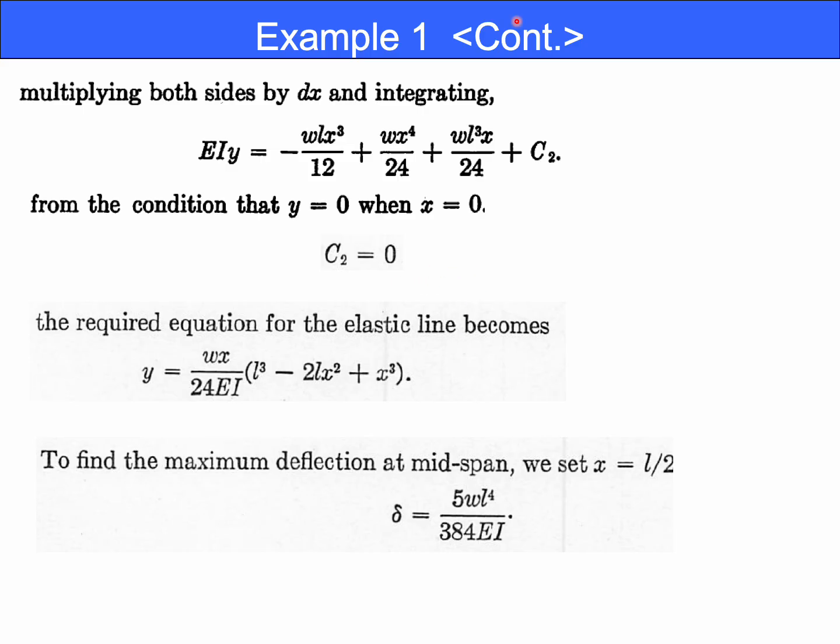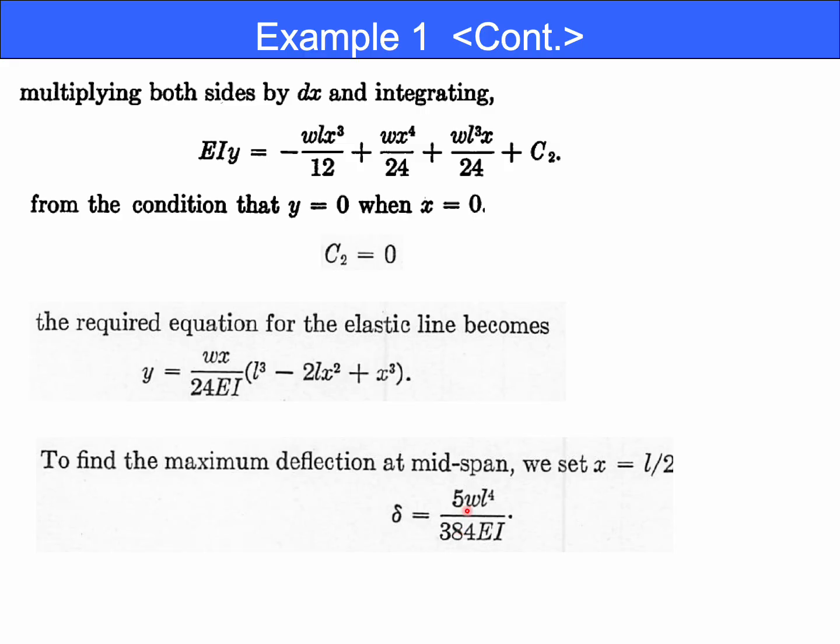Then the elastic line equation becomes this. Finally, the maximum deflection occurs at midspan, x equals L over 2. Substituting x equals L over 2, we obtain the deflection y at the midspan, that is delta.